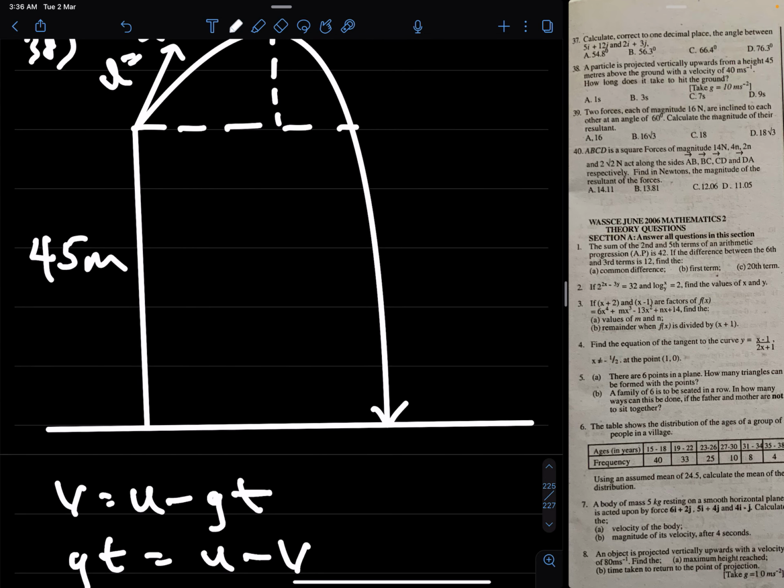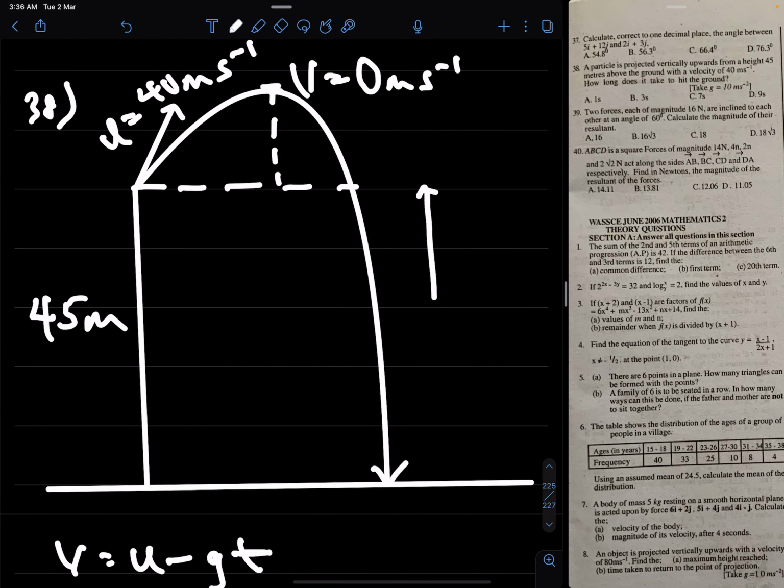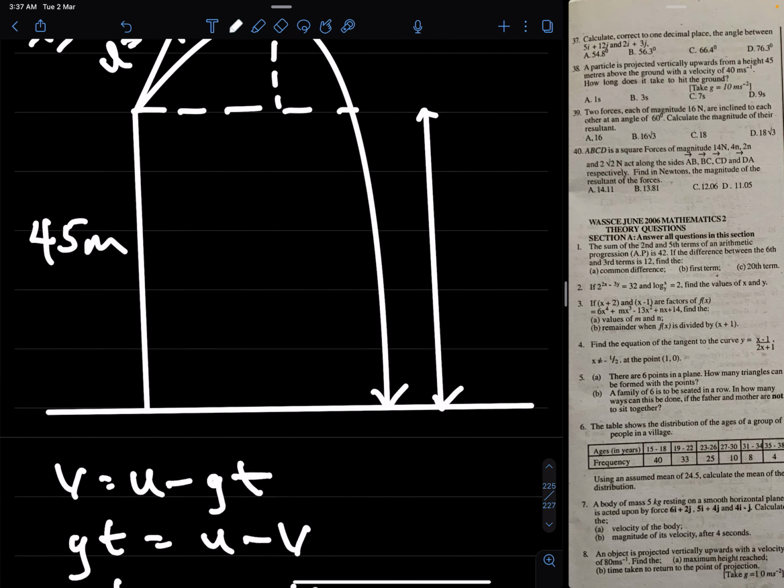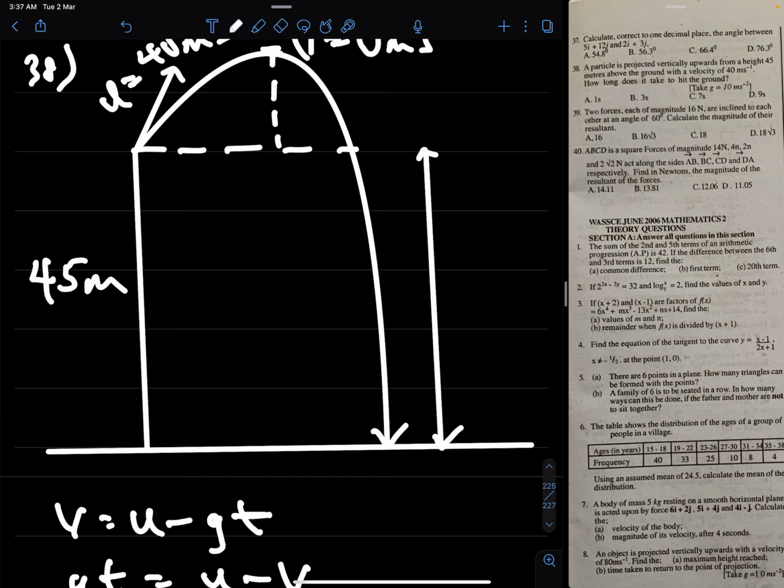Now we need to find the time taken to drop from the projection plane to the ground, and it's going to do that in a distance of 45 meters.